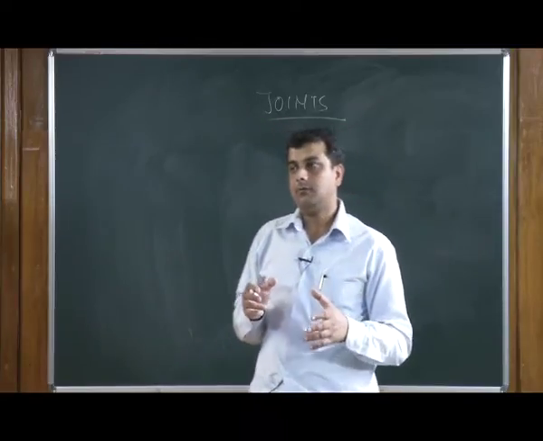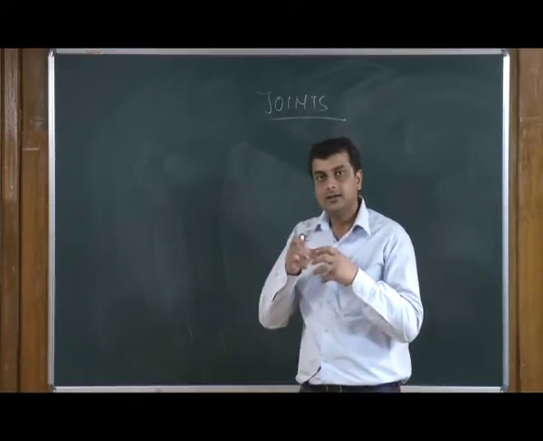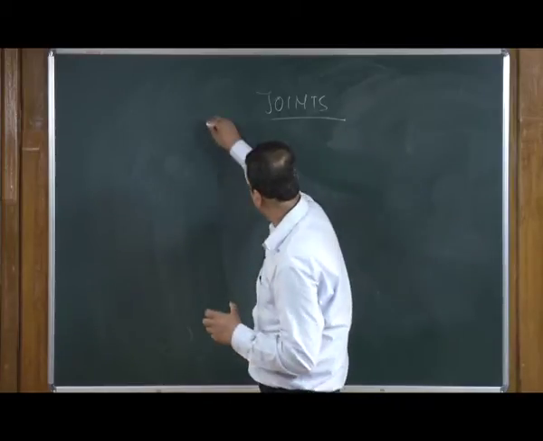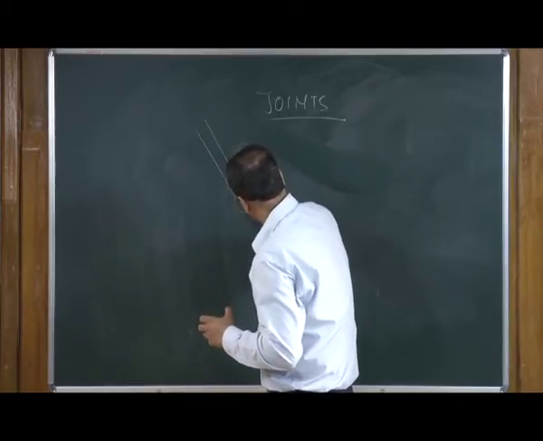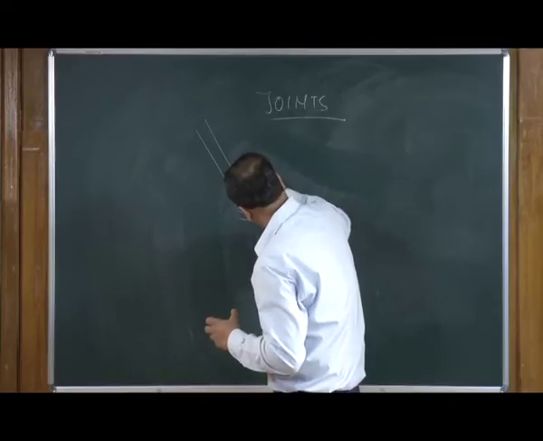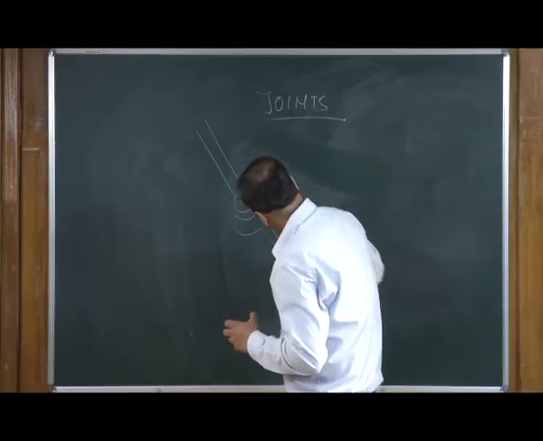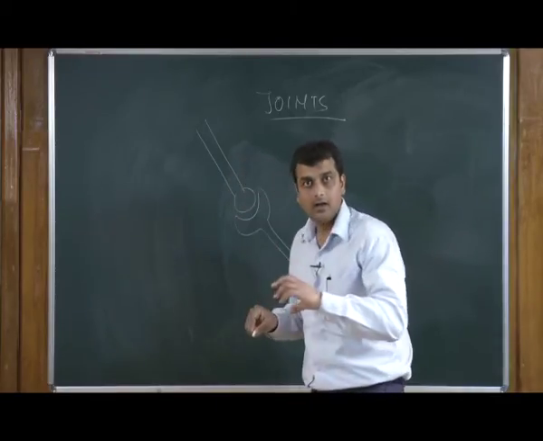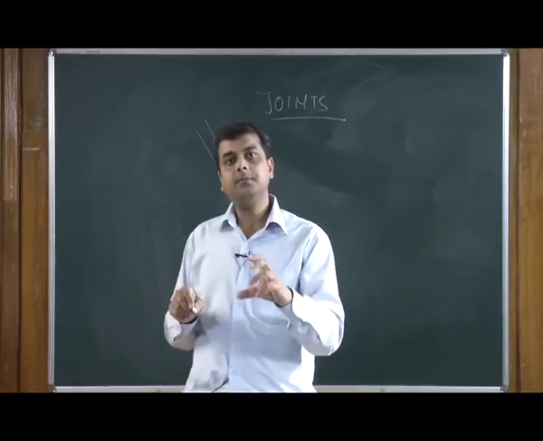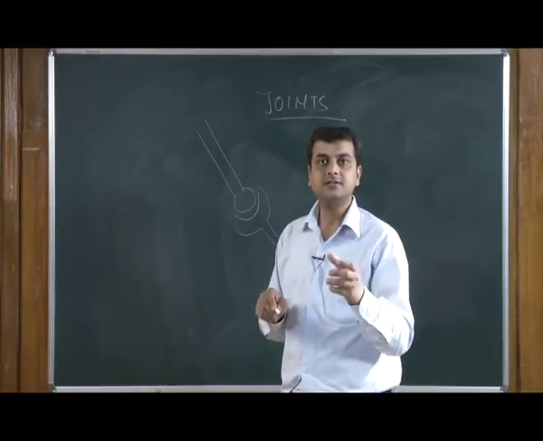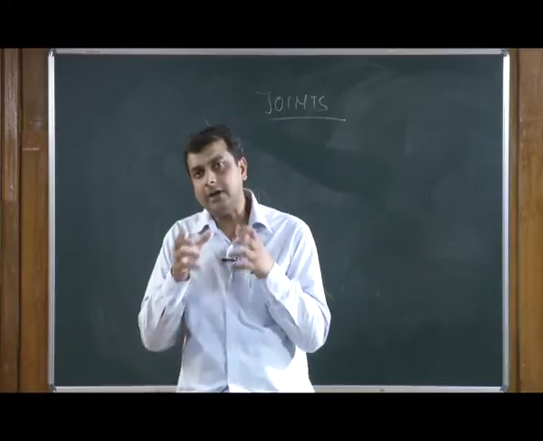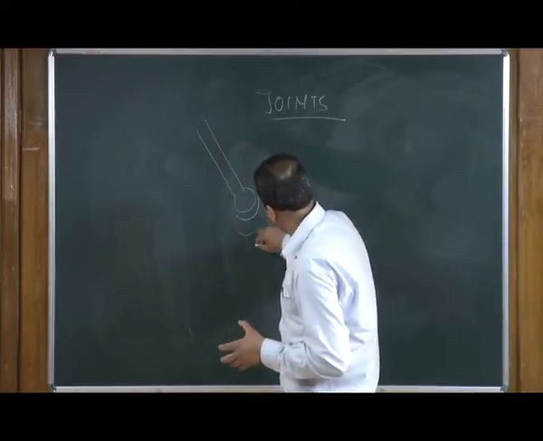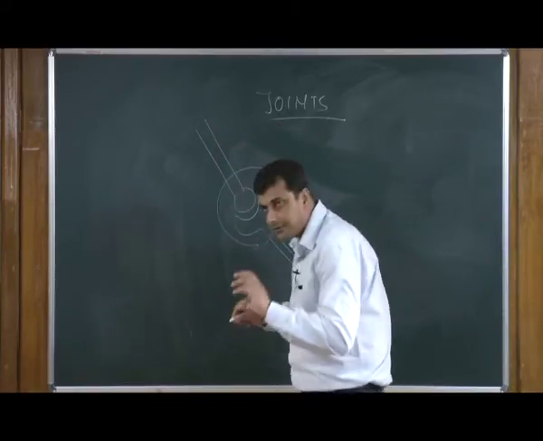Sometimes, suppose you have one bone here and then you have another bone here, this area sometimes gets inflammation. Inflammation is a kind of problem where this whole area gets some sort of disturbances.